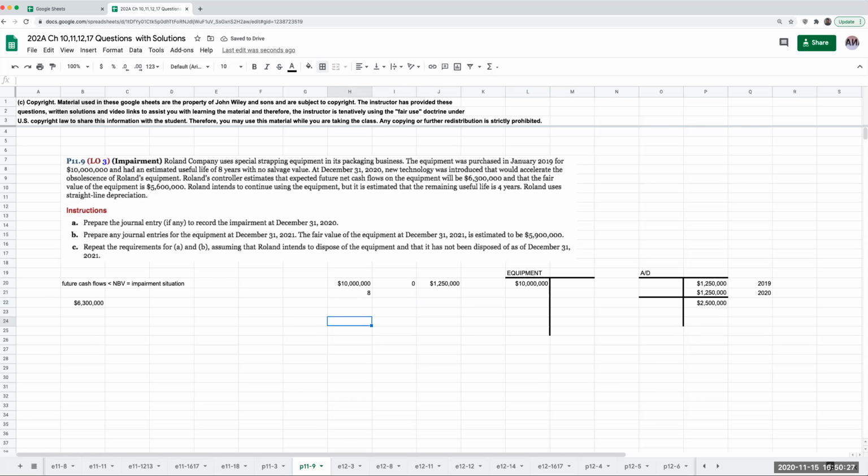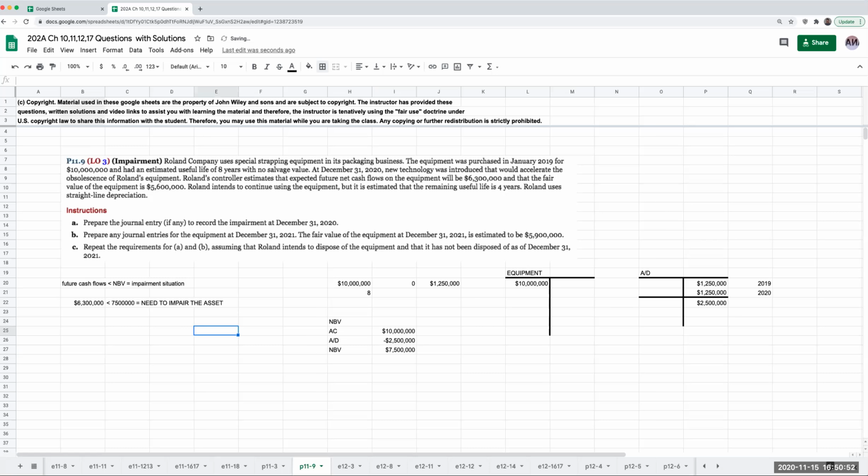So my net book value: my acquisition cost is 10 million, my accumulated depreciation is 2.5, so my net book value is going to be 7.5 million. And this tells us we need to impair the asset.